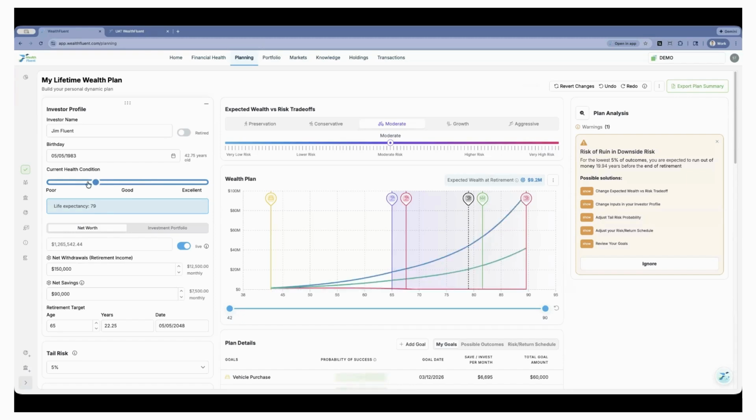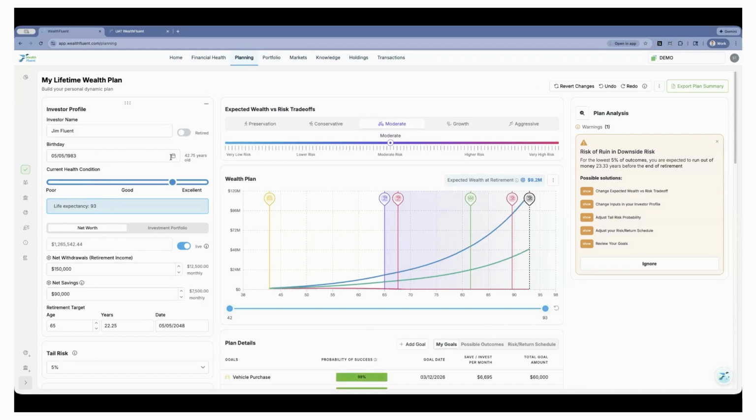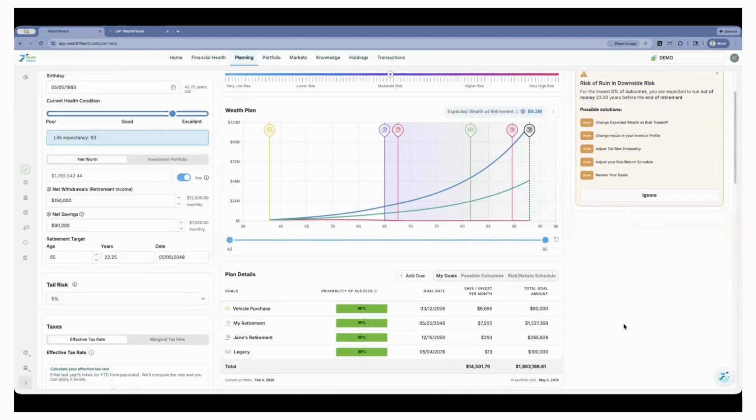If you have a condition, you have a case where you're much below average, you don't need to plan for life past 78. But if you or a spouse is in great condition, you need to plan for a life expectancy into your 90s. So you have all the elements you need.